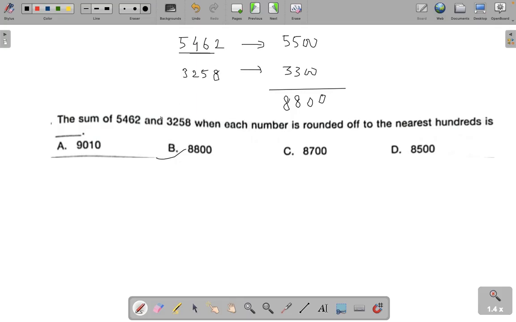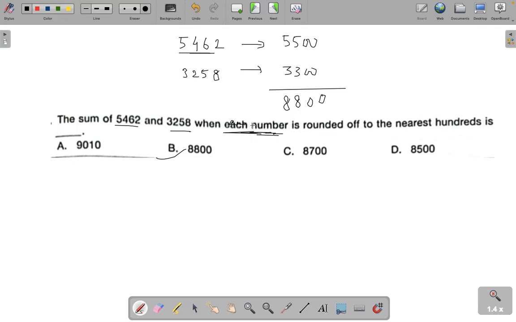Yes, sir. No, see, the question says the sum of this number and this number when each number is rounded off. So it is asking the sum of these two numbers when you round each number. It is specifically mentioned in the question that you have to first round off each number and then add. Otherwise, if you had to sum and then round, it would have been given as the sum of this number and this number when rounded off to the nearest hundreds.